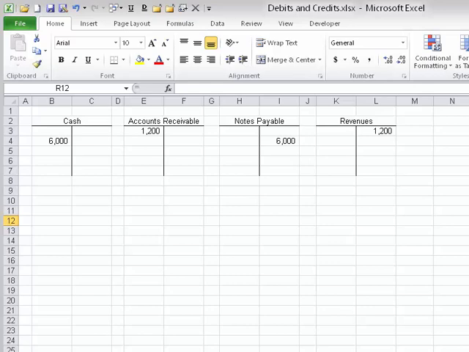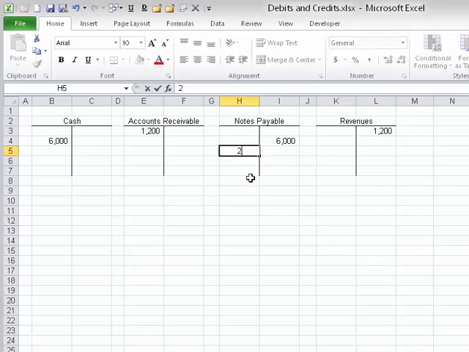Now, let's assume the next day I pay back the loan, and let's ignore any interest. Let's assume I paid it back so fast that there was no interest that the bank wanted. And let's assume I only paid back, I don't know, $2,000 of it. We're just doing this to show the effects of debits and credits. Well, now what we do, we're going to have a decrease in what we owe.